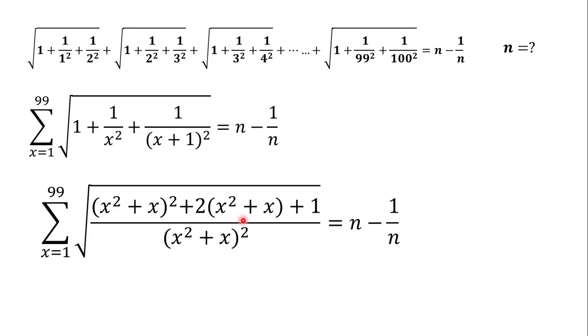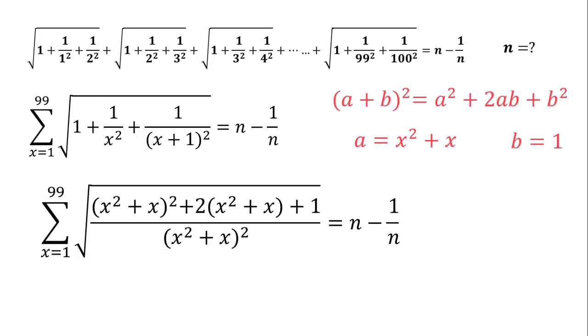Now, in the numerator of this fraction, I have an algebraic expression that is the same as this identity: a squared plus 2 times ab plus b squared equals a plus b squared, where a equals x squared plus x and b equals 1.